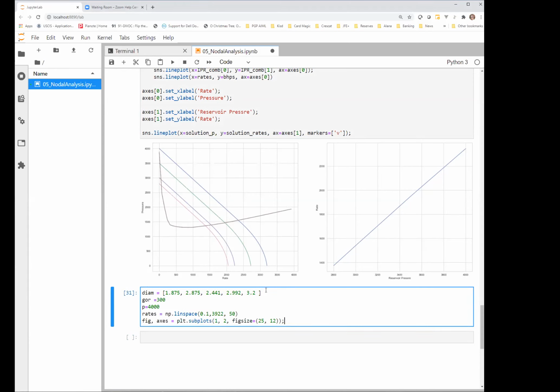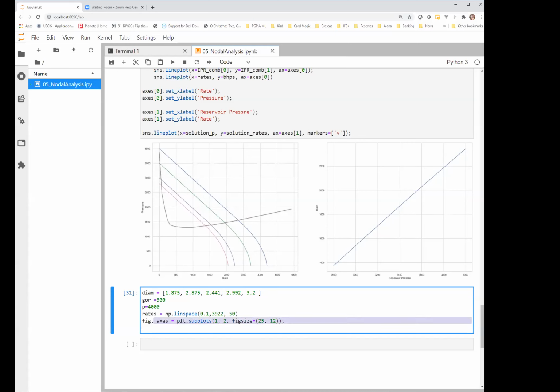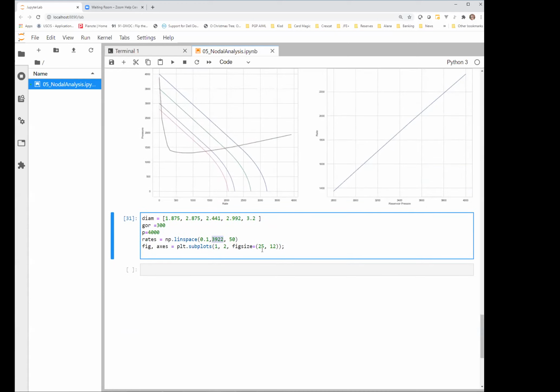The other parameters are going to be the same. So let's define now the two plots or subplots. And we have now a vector of rates going from 0.1 to this value, which I know is above the maximum rates. And we do exactly the same.